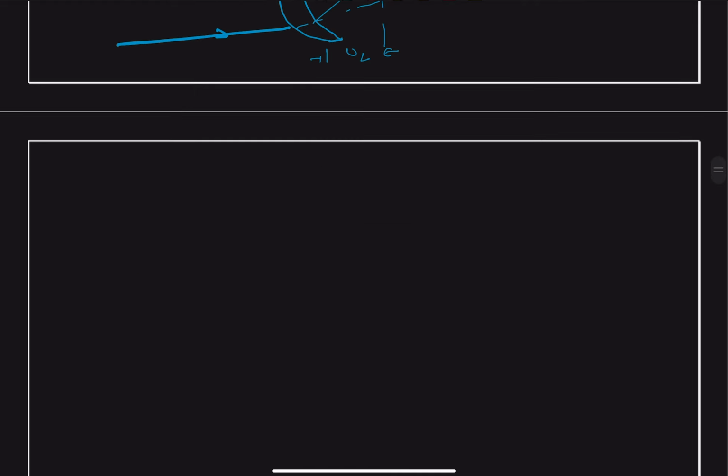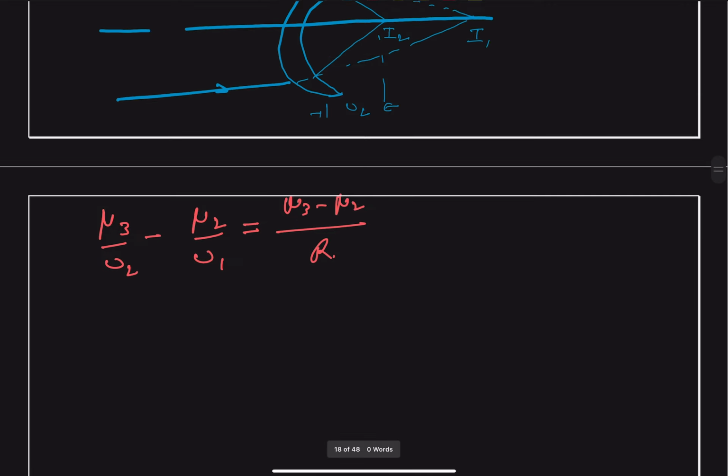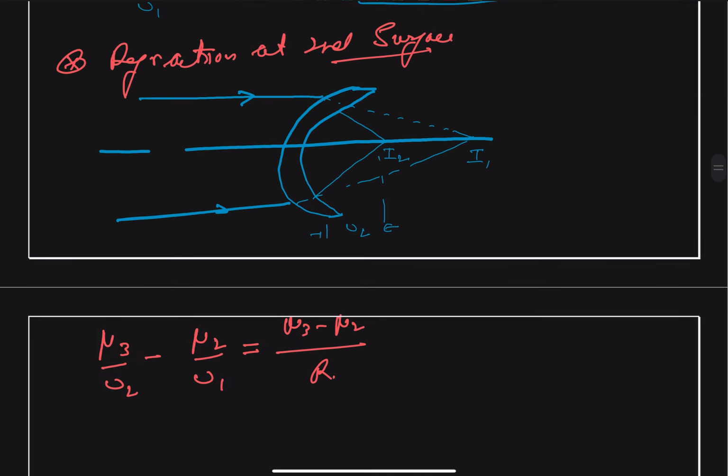Now we are going to find out what our V2 will be. So you can say that mu3 upon V2 minus mu2 upon V1 will be equal to mu3 minus mu2 upon R. And here we have to remember that the image I1 is going to act as an object for the image I2.